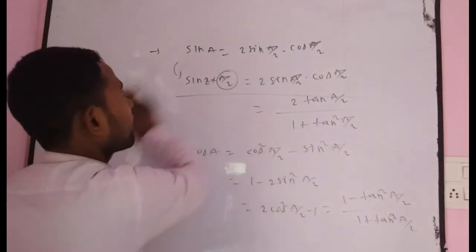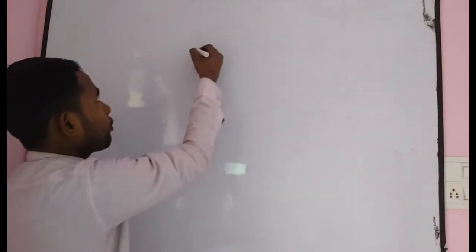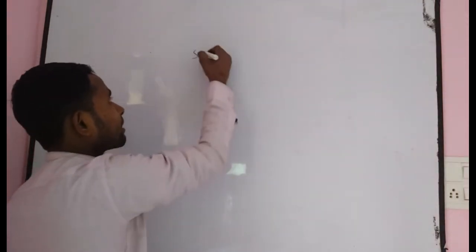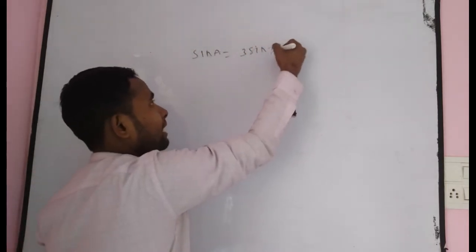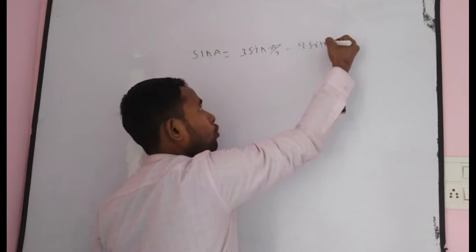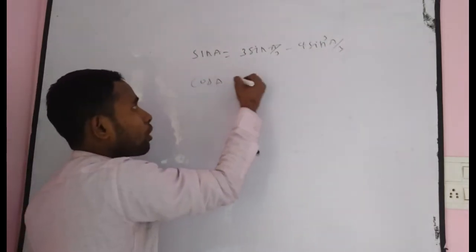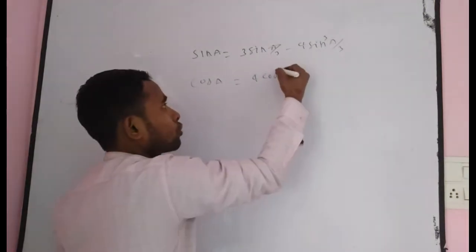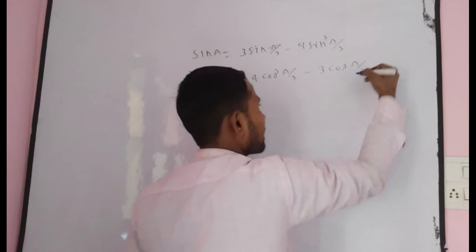Now I want to write the next submultiple angle formulas. Sin A is also equal to 3 sin A by 3 minus 4 sin cube A by 3. Cos A is equal to 4 cos cube A by 3 minus 3 cos A by 3.